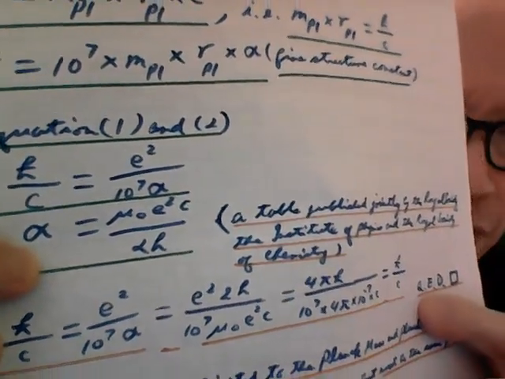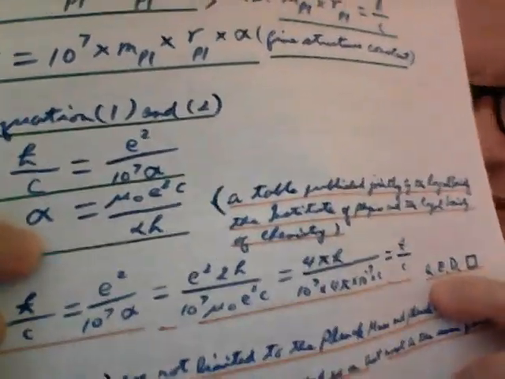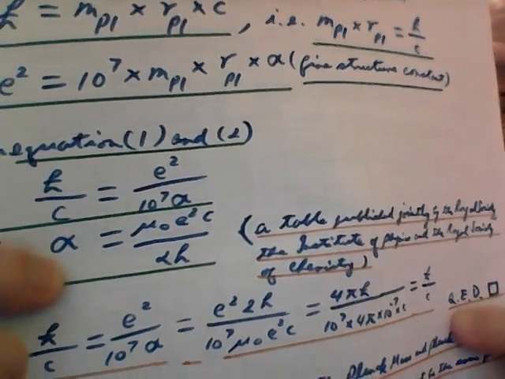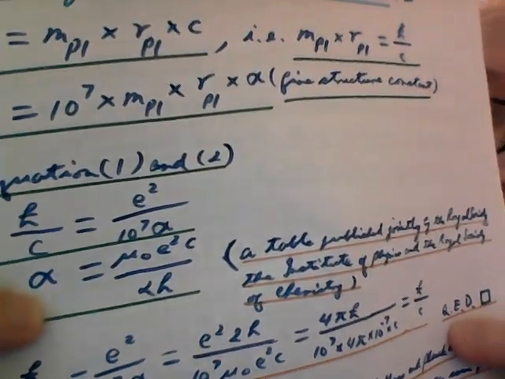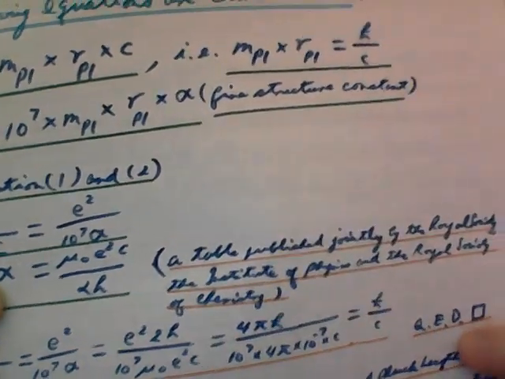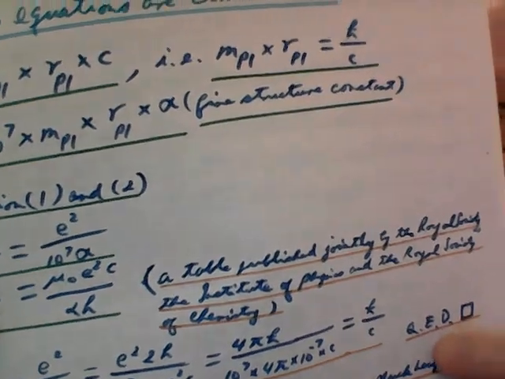That is to say, I have proved that equation 1 and equation 2 commute and they are equal. QED, meaning that I have proved this. One thing to note is that equations 1 and 2 are not limited to Planck mass and Planck length as I seem to use them.